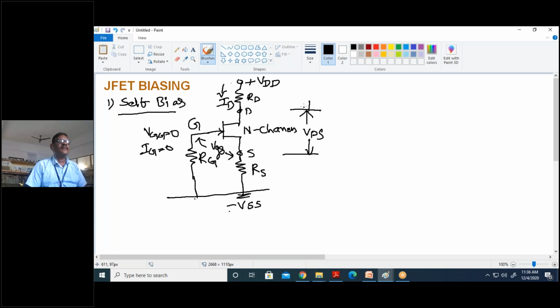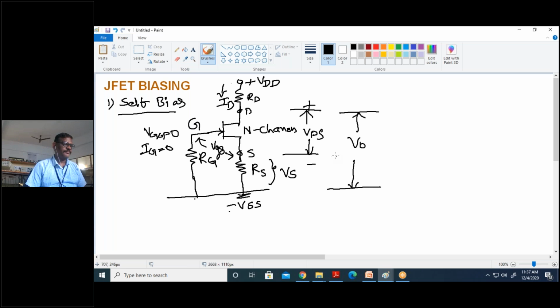Drain side is positive, source side is negative potential, and the voltage across RS is called VS, and the total output voltage from drain to source is called VO.